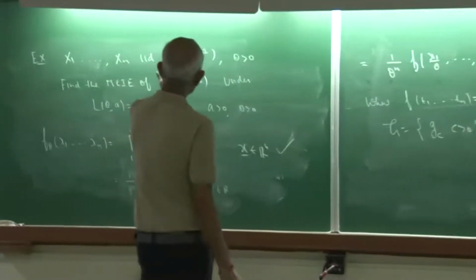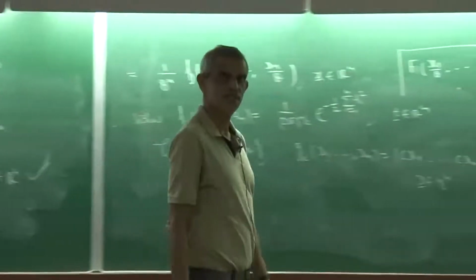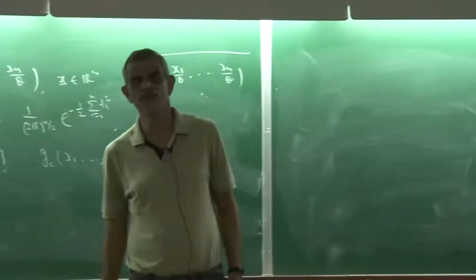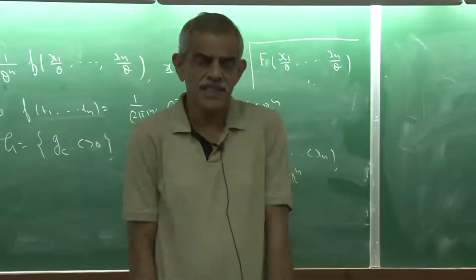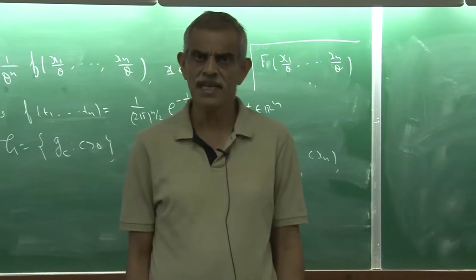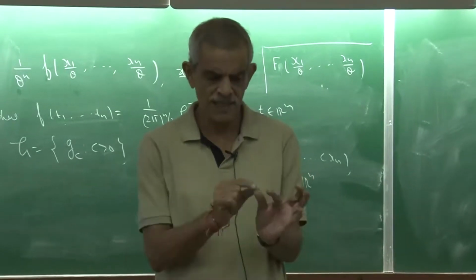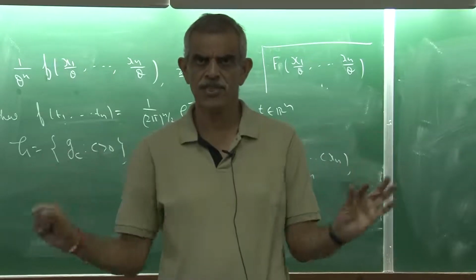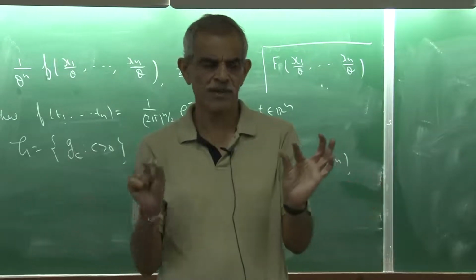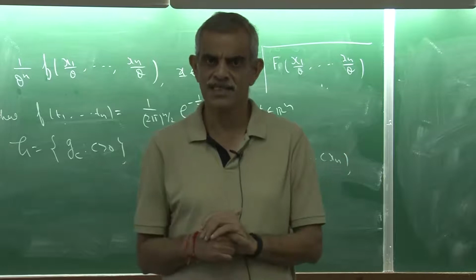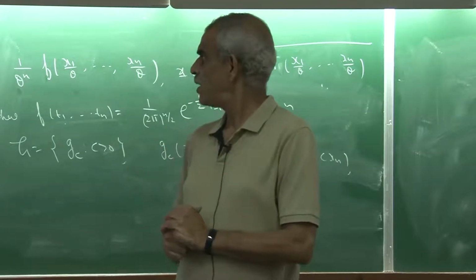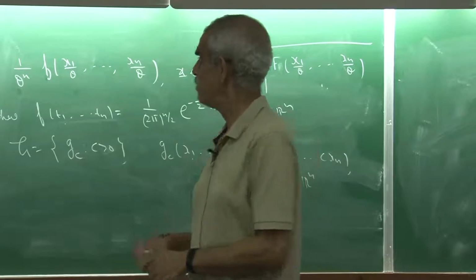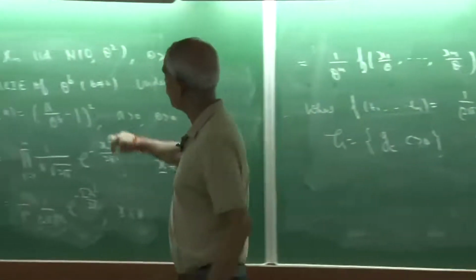What is a complete sufficient statistic in this case? From your last course, you know that summation xi square is a complete sufficient statistic. Is summation xi square scale invariant? Let us apply c x1, c x2, ..., c xn. So xi square becomes c square times xi square. That will not work, because I want c to the power b.